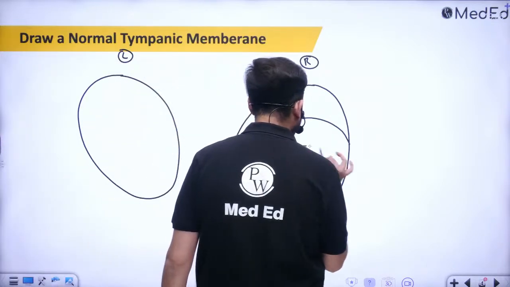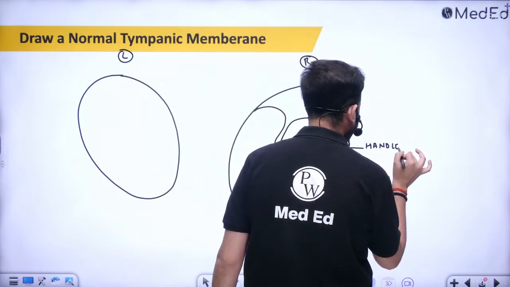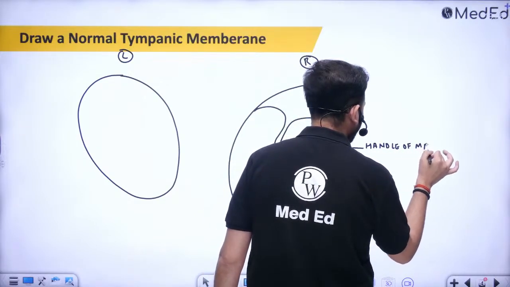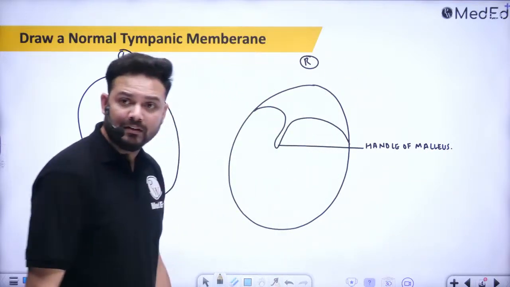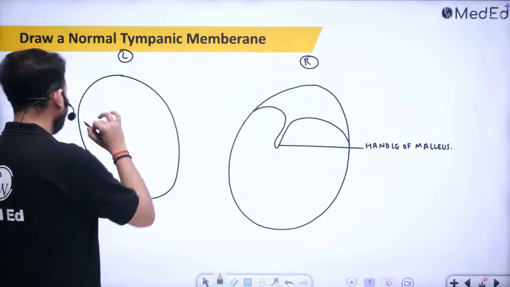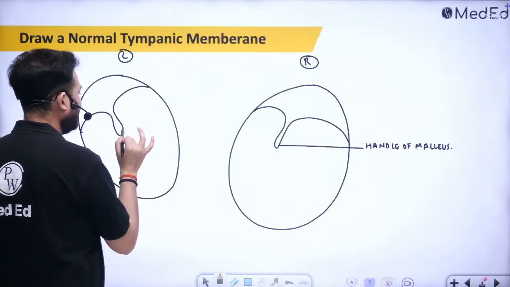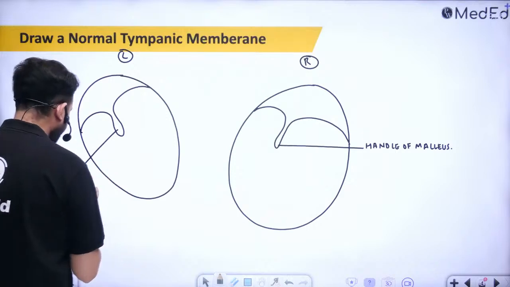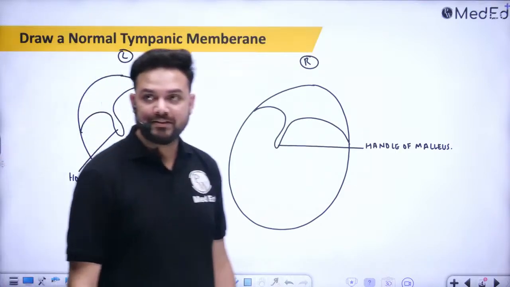This is your handle of malleus. What you can see. Okay? Fine? Correct? Same way, draw here. This is the handle of malleus. I'll just write here HOM. Okay, just for the sake of convenience.